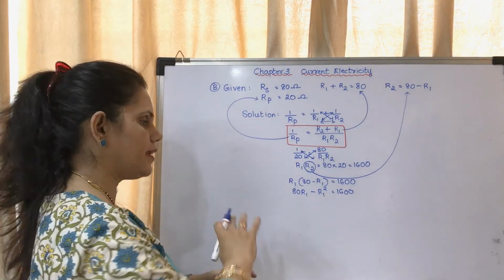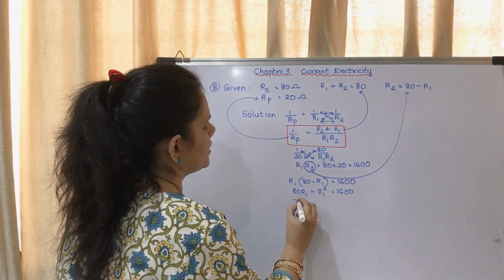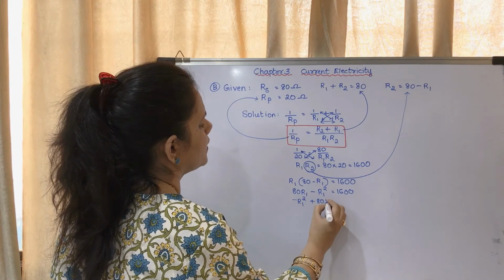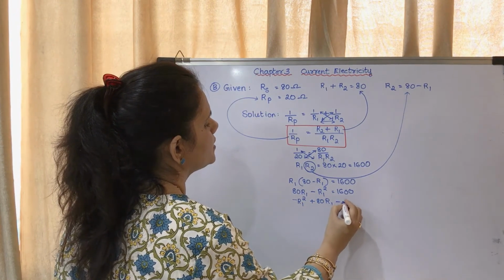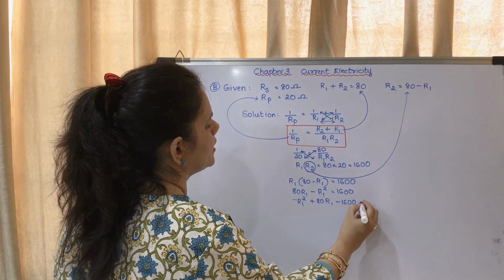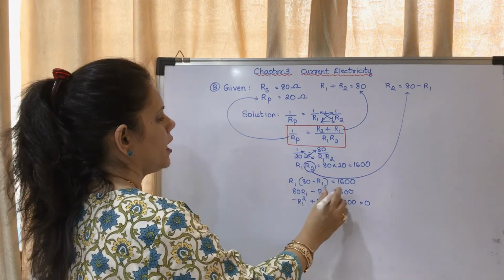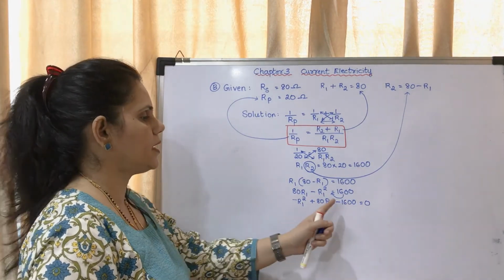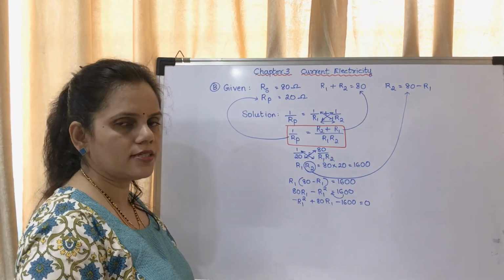Now rearranging this, I'll get minus R1 square plus 80 R1 minus 1600 equal to 0. I am taking this towards the left, so it will become minus 1600.